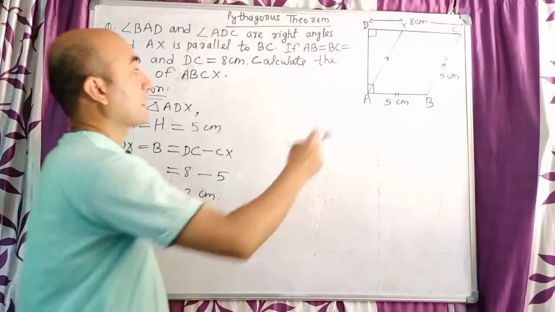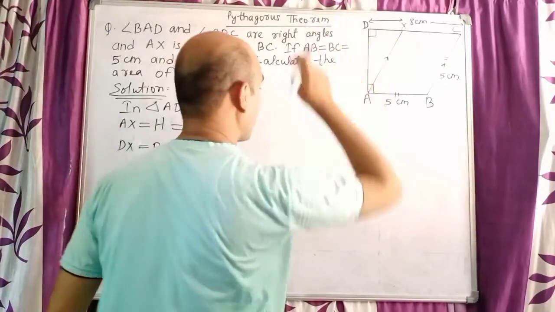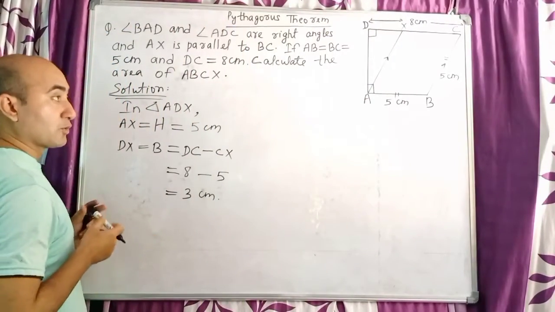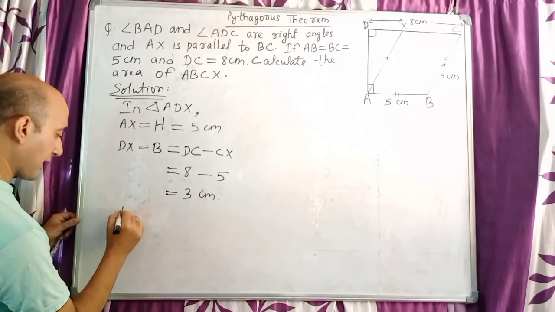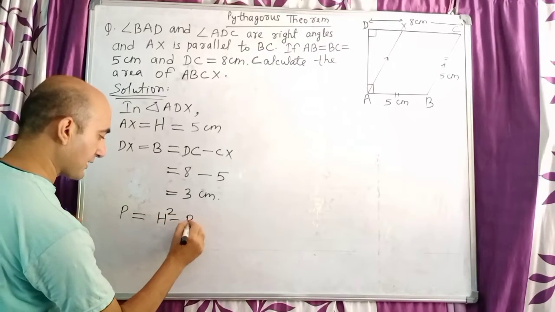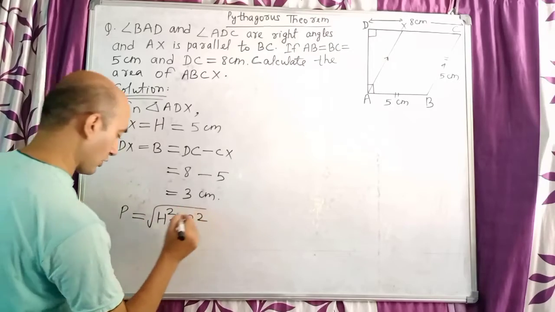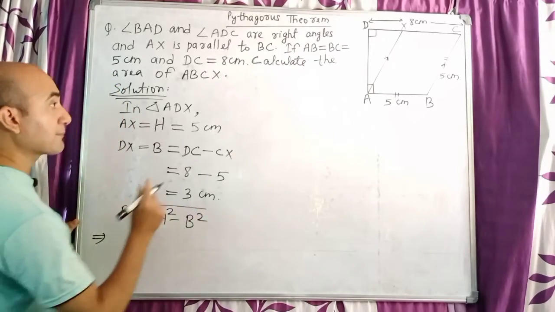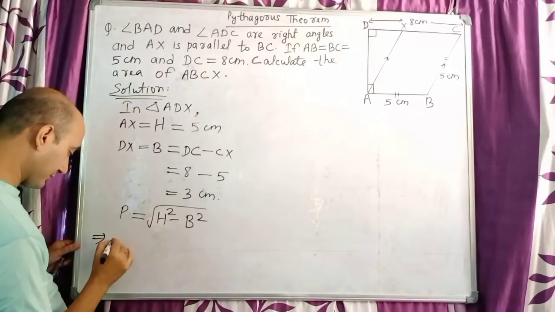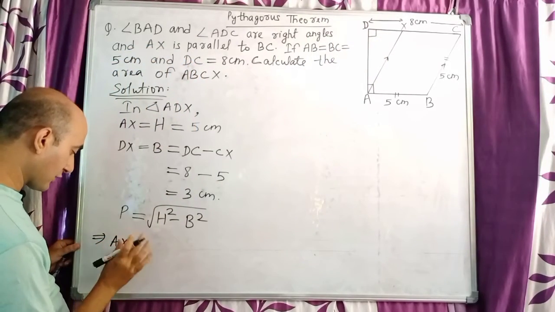Now I know the base, I know the hypotenuse, so I can find the perpendicular. My perpendicular formula is P equal to square root of h square minus b square, and my perpendicular here in this diagram is AD.